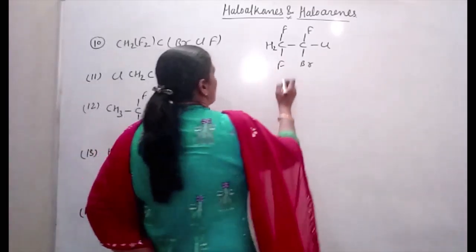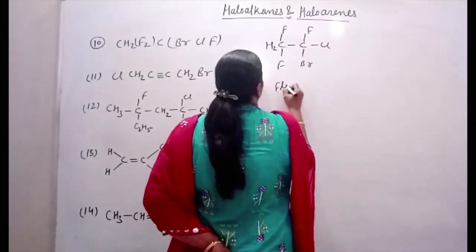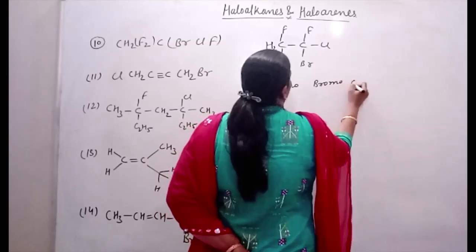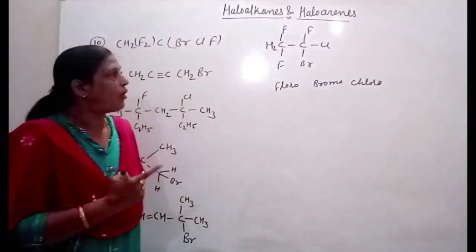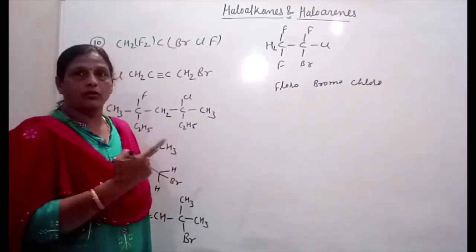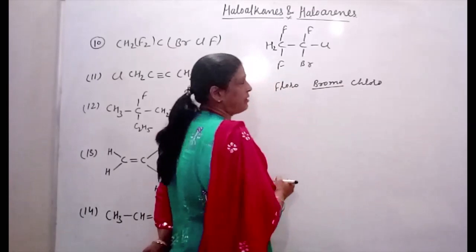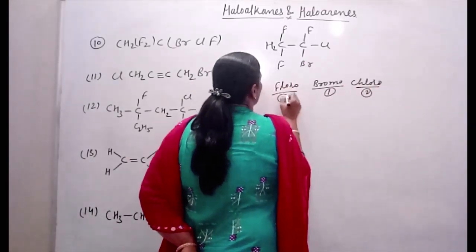So you first see the substituents: fluoro, bromo, chloro. First of all, you arrange all these substituent groups alphabetically. We can see that bromo will come first, chloro second, and fluoro third.